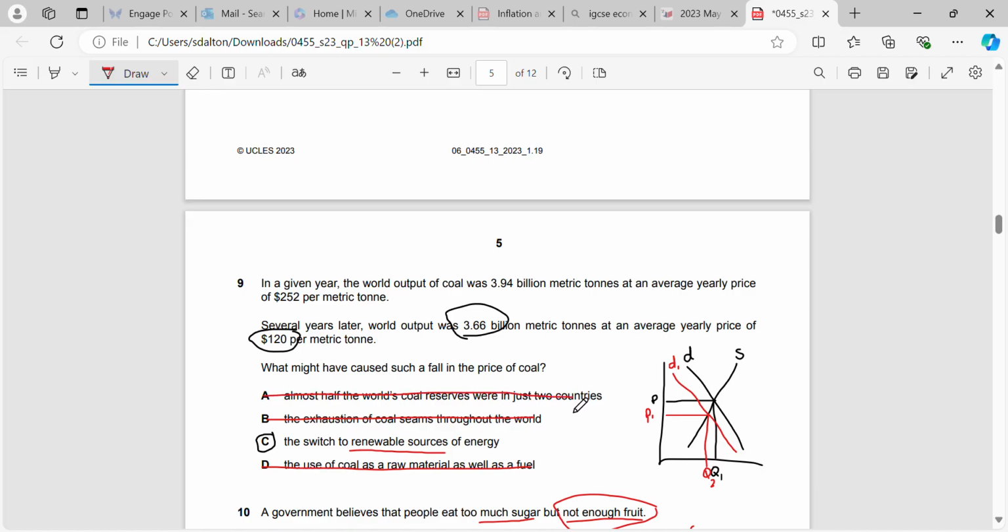Because they don't explain why demand would reduce for coal. The only one that explains that would be the renewable resources, or people are switching to them, essentially meaning that they are substitutes. So alternative products that can be used instead of coal.